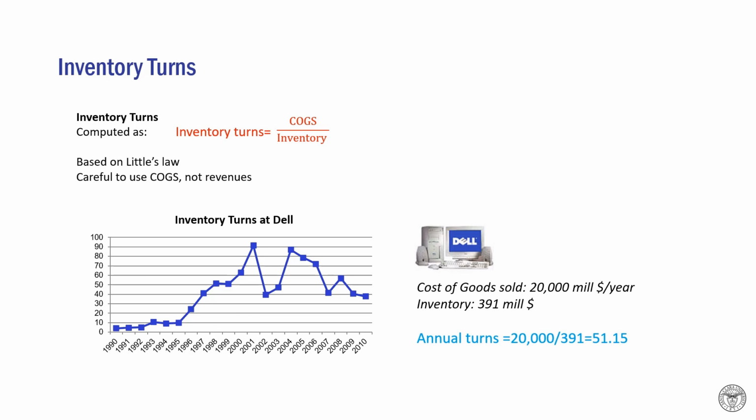This indicates that Dell was able to turn over its inventory more than 51 times throughout the year, which was significantly higher than Compaq's 12.61, and partially explains why Compaq was shut down in 2013. These calculations clearly highlight the differences in inventory management strategies between the two companies.